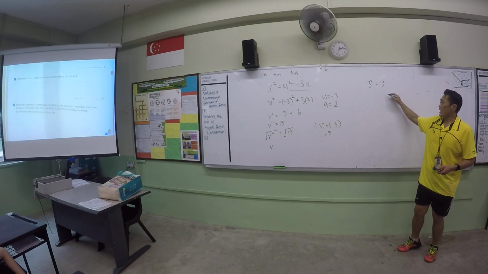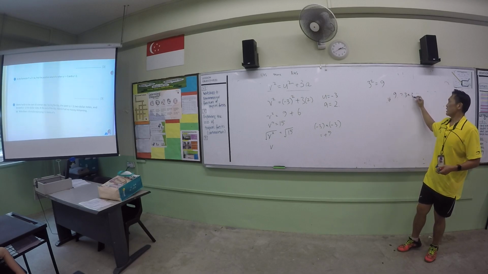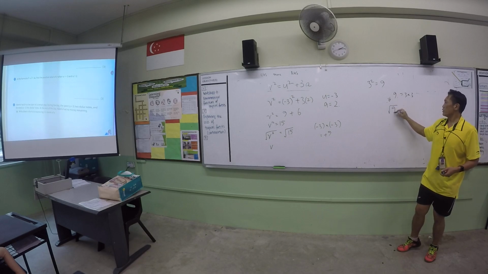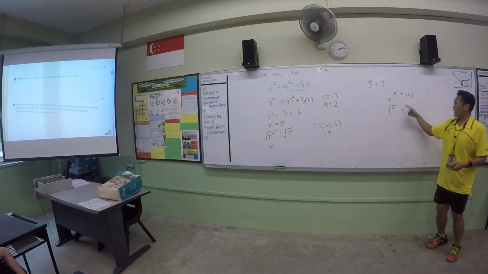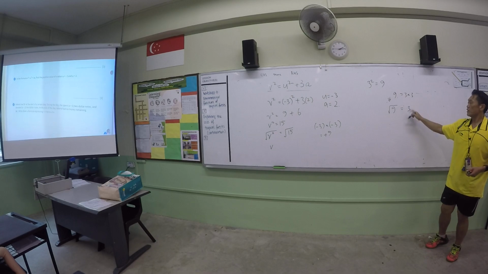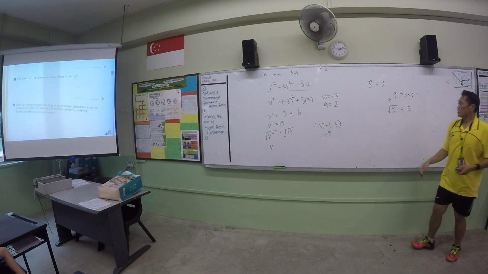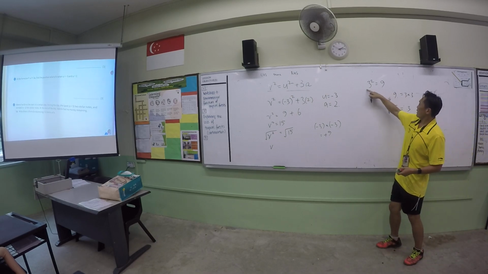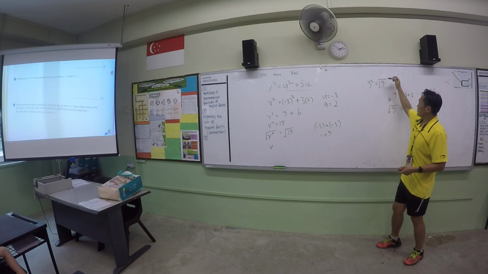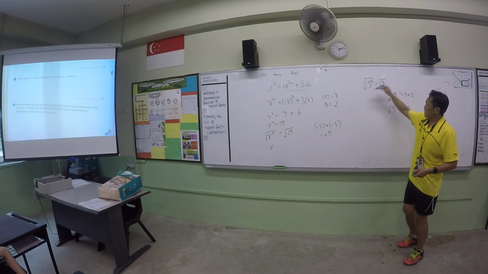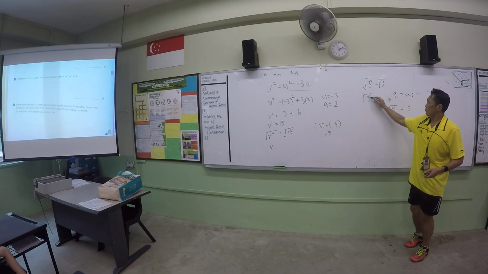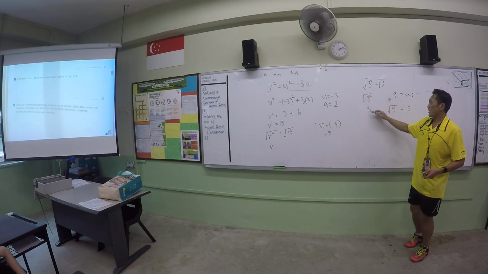The square root of 9 is 3 because 9 is 3 times 3. When we are finding square root, we are finding what multiplied by itself is equal to 9. So it's the same. If I want to square root the 3 square, the square and the square root will cancel out each other and then it will disappear.